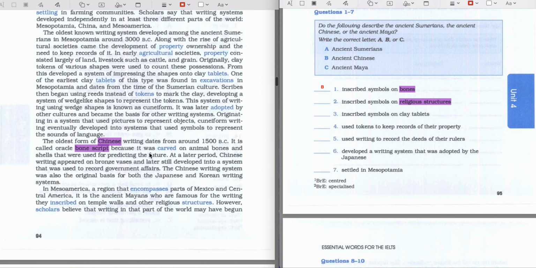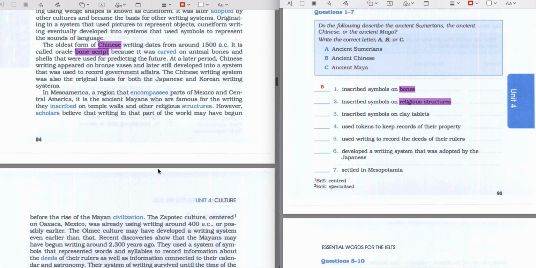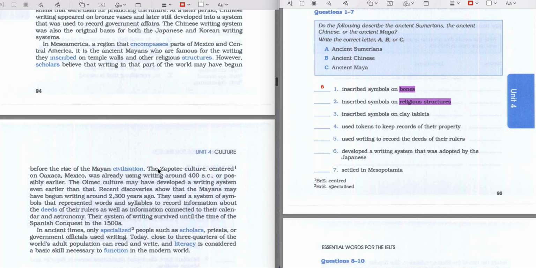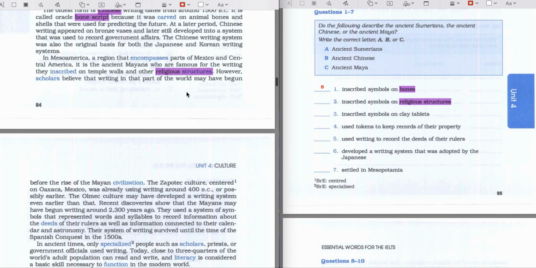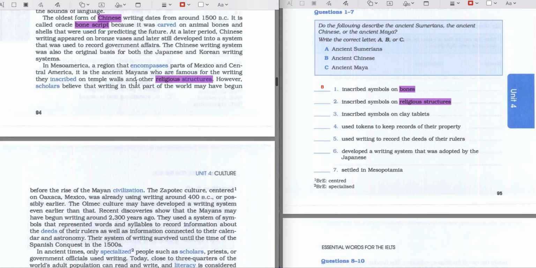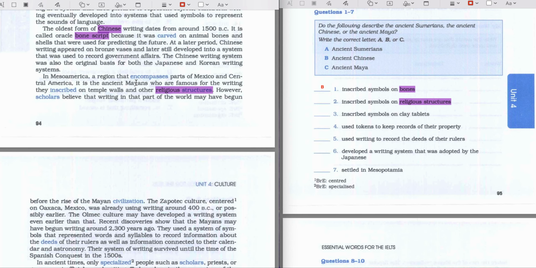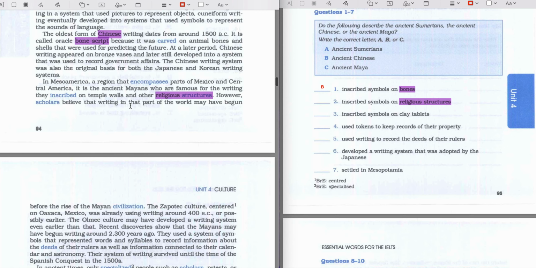So let's go further, and we are trying to find any information about religious structures. Here we have the exact word, but in IELTS it doesn't usually happen that you have the exact word. It's really tricky, but this is just a task and this is just an exercise. Let's focus on it, and further I'll find other, more complicated texts for practicing.